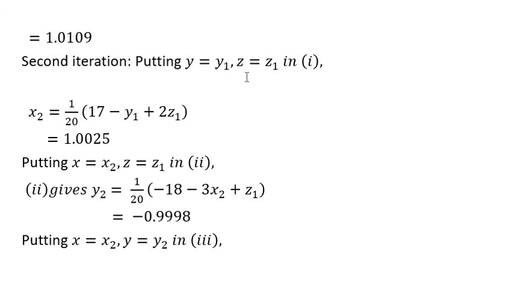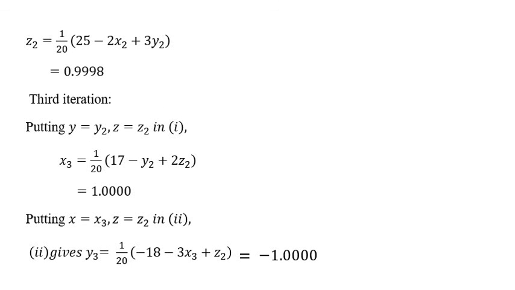Now to start the second iteration, substitute y equals y1 and z equals z1 in the first equation. So we get x2 equals 1.0025. Similarly, to get y2, substitute x equals x2 and z equals z1 in the second equation. So we get y2 equals minus 0.9998. And to get z2, substitute x equals x2 and y equals y2 in the third equation.